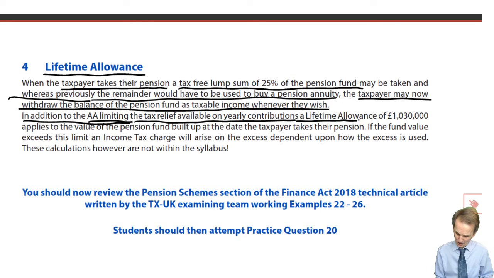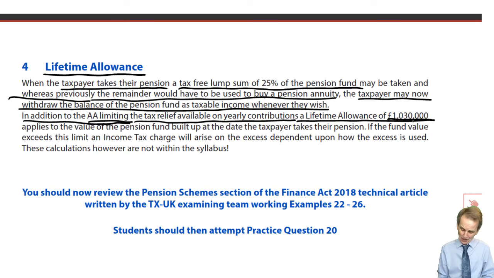So we've got a lifetime allowance of 1,030,000. Now, of course, for most of us normal taxpayers, that is just a dream of ever being able to get anything like that. But of course, if you're in the so-called banking profession, you may have a lot more than that, of course.